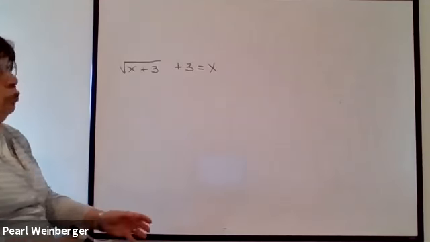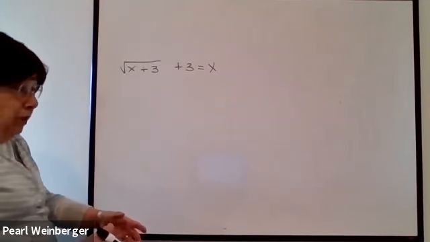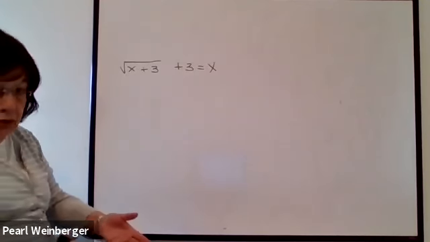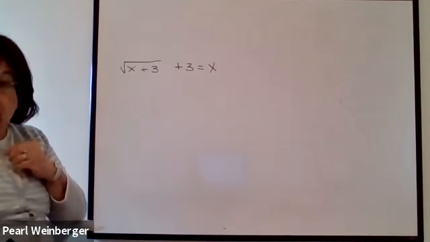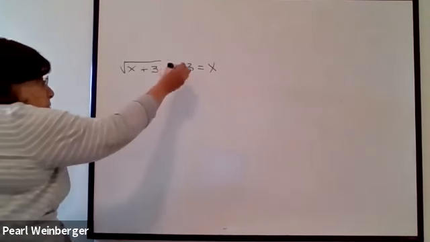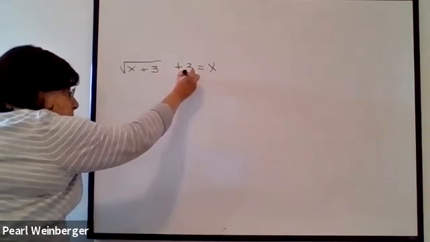We're going to get the radical by itself, and then we're going to square, remember, multiply it by itself, so that we can get rid of the square root. So the first thing I'm going to do is bring this 3 to the other side.